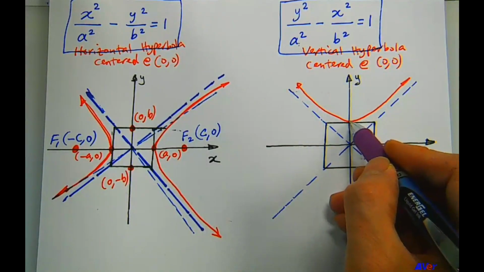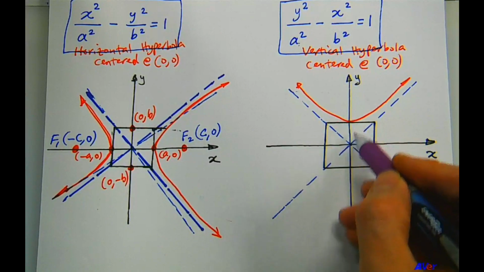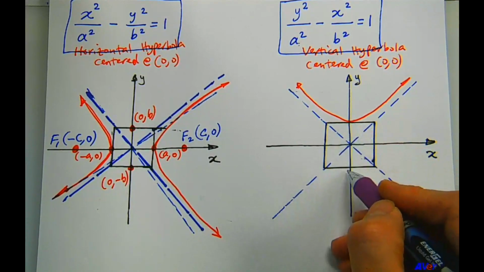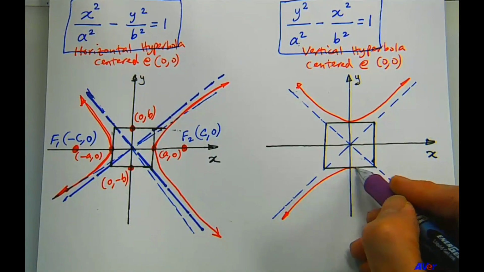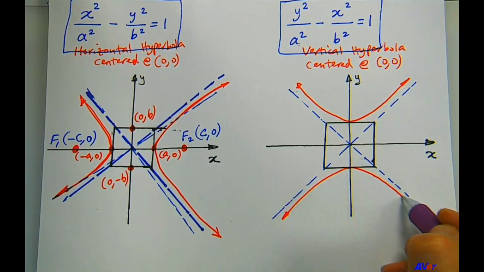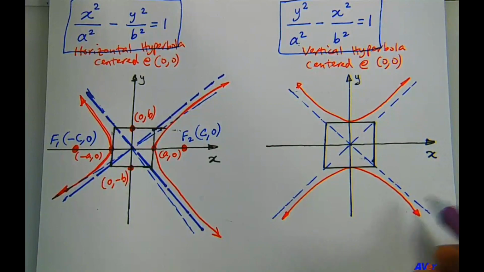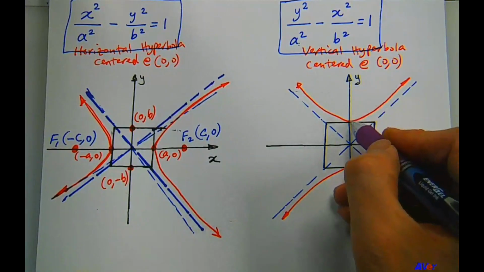And notice that the vertex of the hyperbola touches that point of the central box, and one goes here and here.